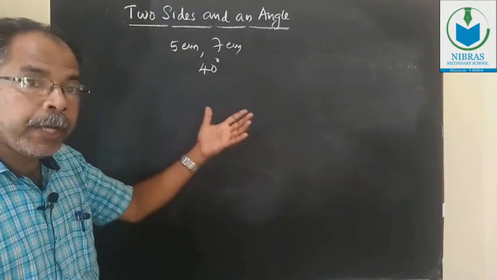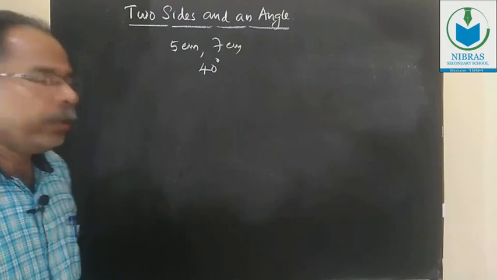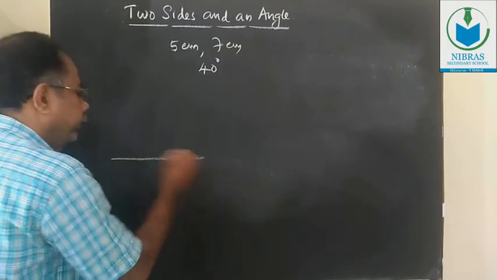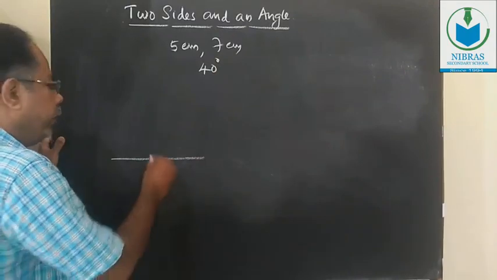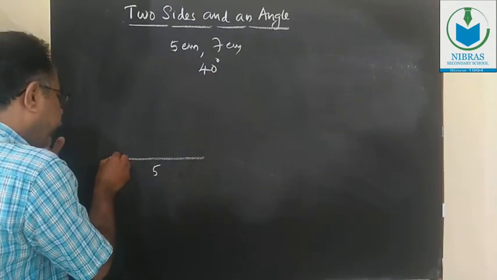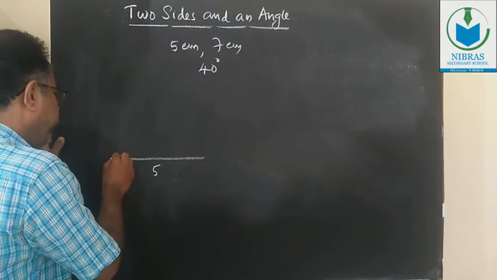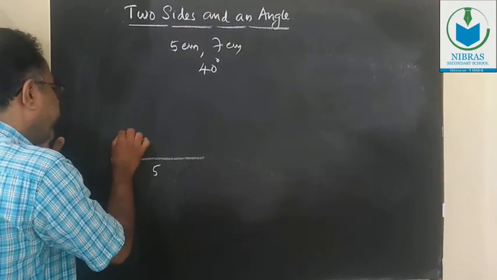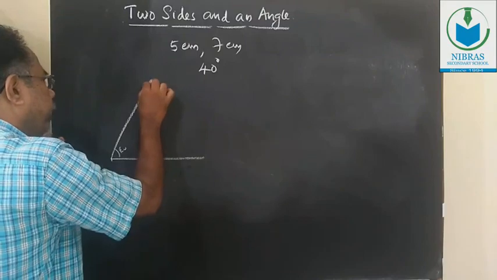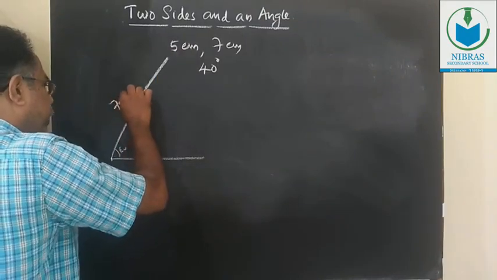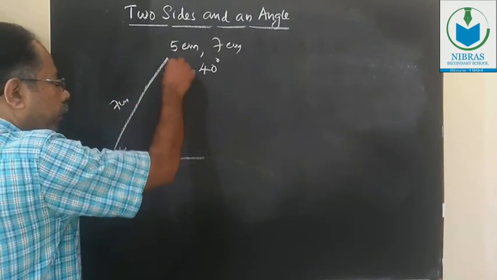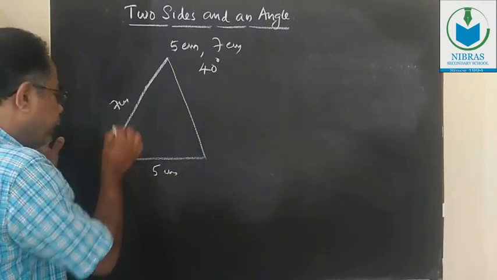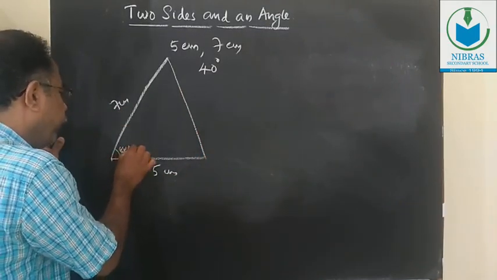What are the different ways we can draw this triangle? 5 centimeter side. This side is 5 centimeter. We measure 40 degree angle here, mark the angle and draw the second side. This is 7 centimeter. The triangle will look like this. This is 5 centimeter side, this is 7 centimeter side, and this angle is 40 degree.